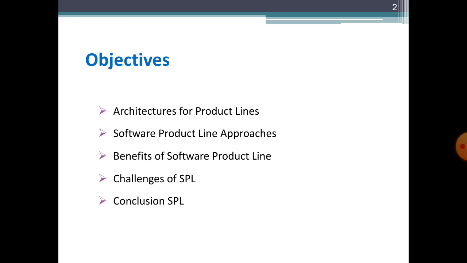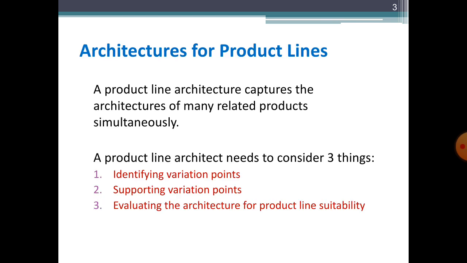And then we will see some of the benefits and challenges of software product line as well. At the end of this lecture we will conclude the software product line, which is a reusability approach. This is our last lecture on the topic of software product line, so in this lecture number 30, our software product line topic will end. So let's start the lecture discussion.